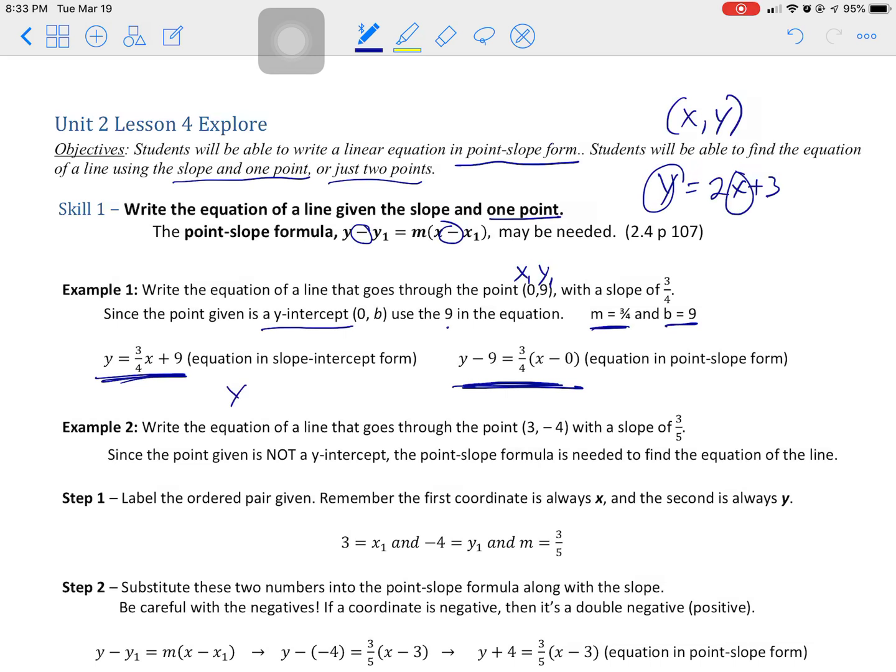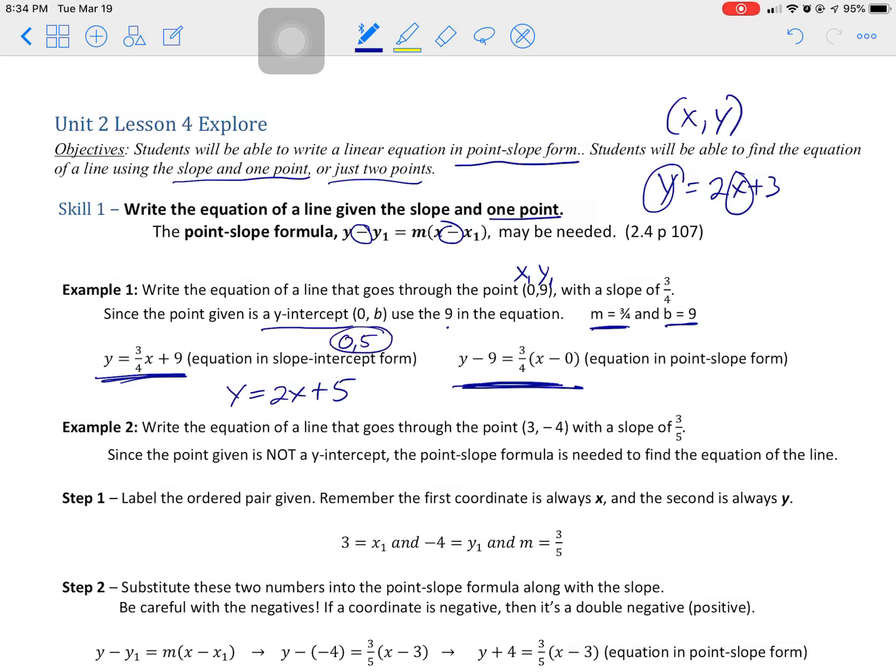So let's say you're given y equals 2x plus 5. That's in slope-intercept form, right? Put that in point-slope form. Let's see, if we put in a 0 for x, y would be a 5, right?